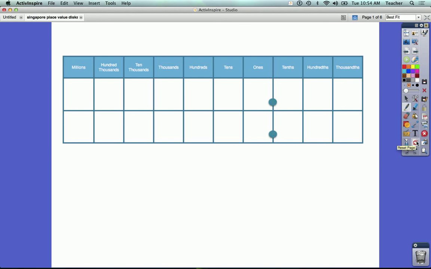If I had 27 times 1,000, how many places to the left would I need to move my number? 3 places to the left, because I have 3 zeros in 1,000, so I would go 1, 2, 3.